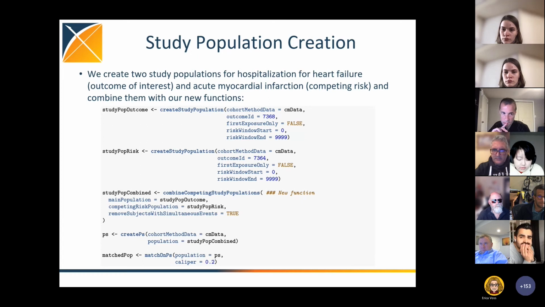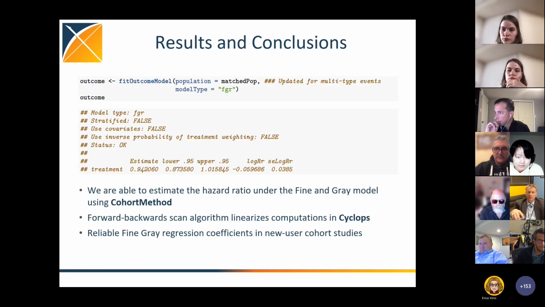Then we use our new function, combined competing study populations, where we combine these two populations, and then we are able to fit a propensity score as typical CohortMethod single analysis frameworks do. And then we are able to successfully fit a Fine and Gray model onto our matched population.